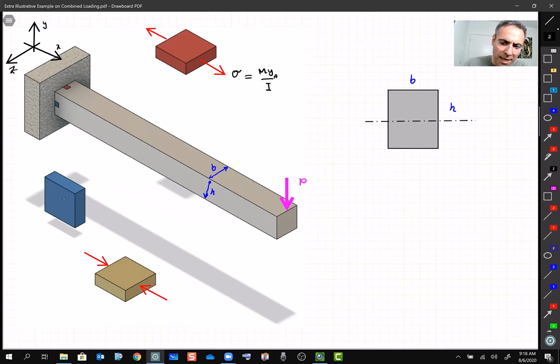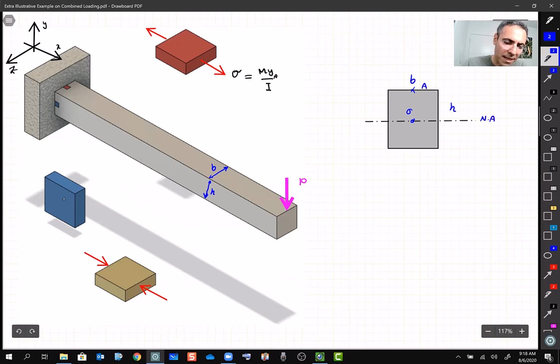We have our neutral axis, which we call point O. This was point A, and we know how to calculate I for this one. I about the neutral axis is 1/12 BH cubed, all right? So what is then Y A? It's going to be H/2, and it is under tension.